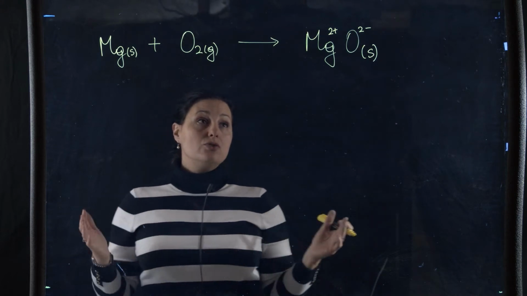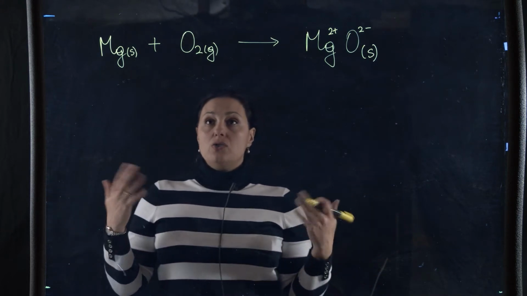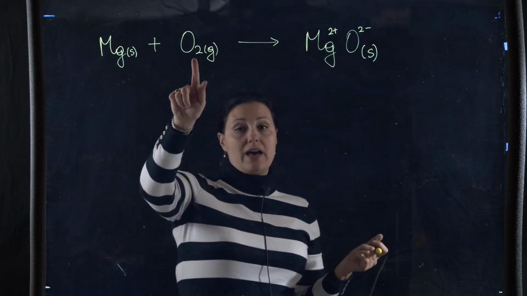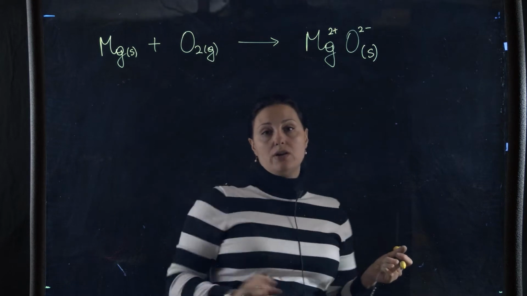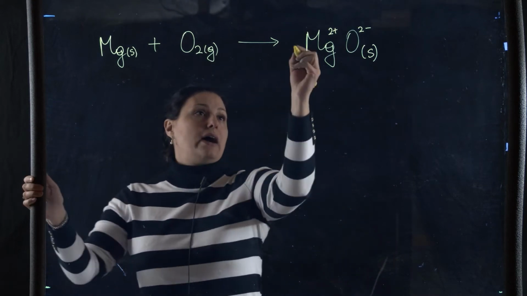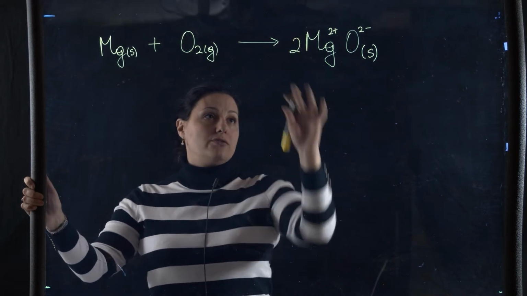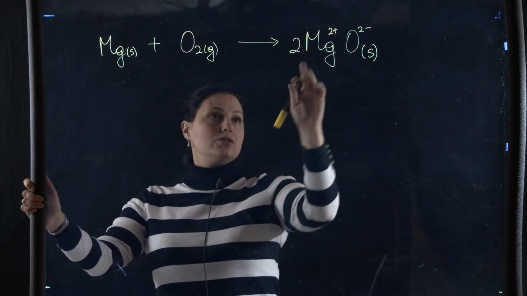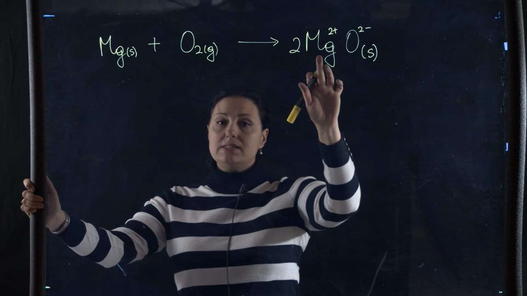Now, as I look at the whole equation, I have to figure out whether it's balanced or not. It's not balanced because I have 2 oxygens over here and only 1 over here. To balance it out, I can put a 2 in front of the whole molecule. That gives me 2 oxygens, but now I have 2 magnesiums on this side.